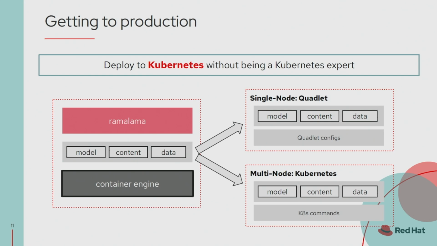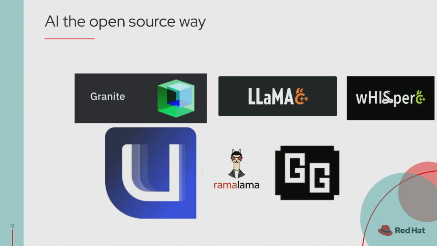If you haven't encountered quadlet before, it's a systemd generator, so it'll generate a little unit file which you can start and stop your container with like a systemd service, essentially. And we also have Kubernetes generators if you want to run these workloads on Kubernetes.